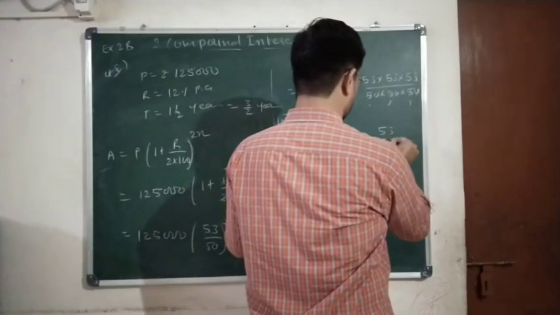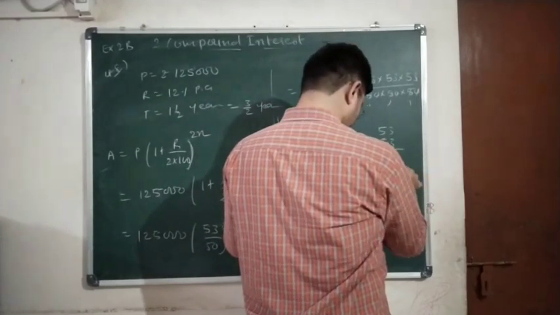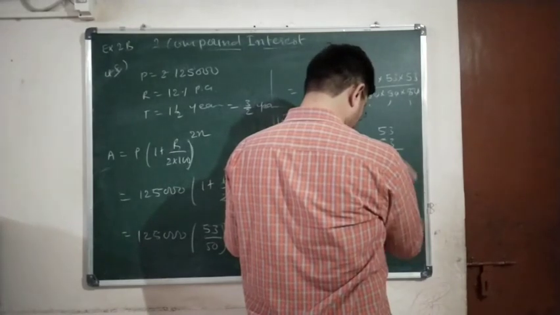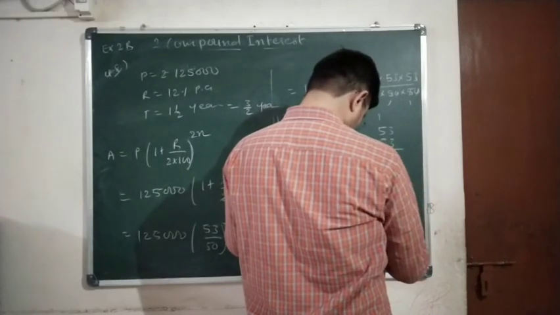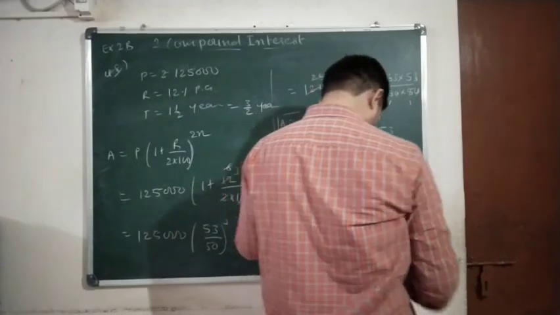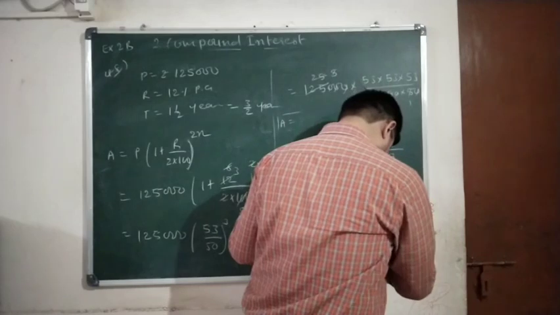53 into 53, 3 3s are 9, 3 5s are 15, 5 3s are 15, 5 5s are 25, 2809 into 53.